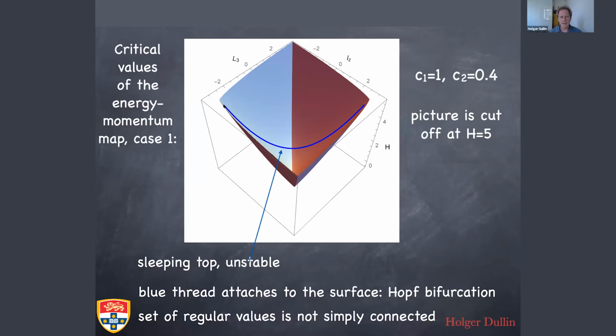And it continues as a parabola, but when they are stable, which is the rest here, then they are absorbed in this surface of rank 2 values. They still have rank 1, but they have nearby rank 2 points. But the rank 1 points here are isolated. So that's the thread. And the attachment point is a Hopf bifurcation.